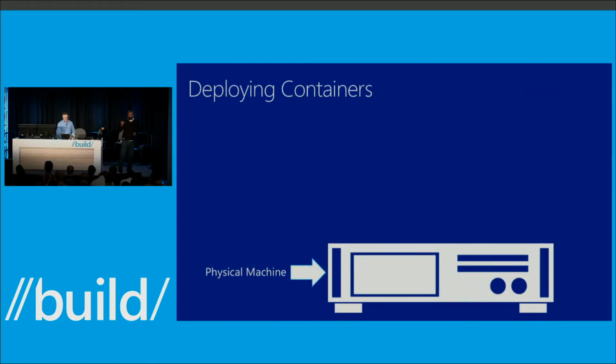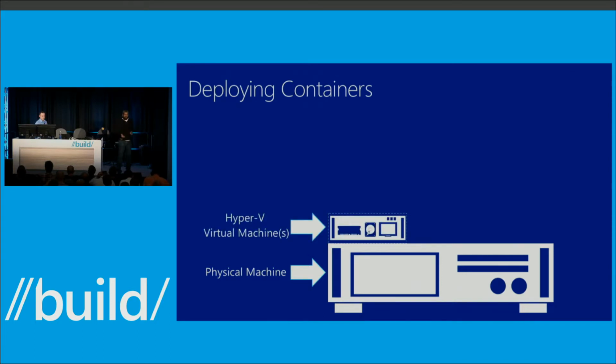Moving on to where do I use containers? This is one of the questions that keep coming up. There's always this question about, is containers running on physical, on VMs? What can I do with it? So very quickly, let me walk you through where containers can be deployed. Obviously, there's a physical machine, and you can have virtual machines on the physical machine if you turn on Hyper-V.